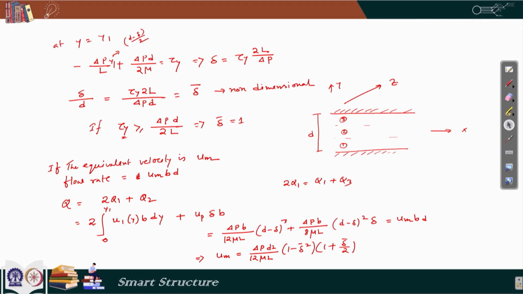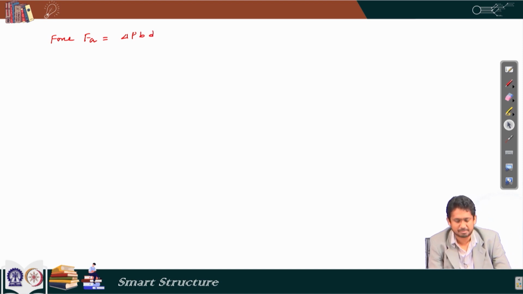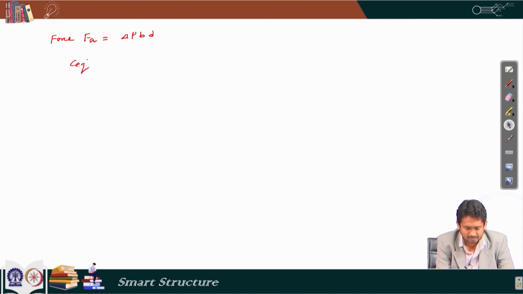Now that we have got the equivalent flow, we can find out the damping coefficient. So, the total force is delta P b d, pressure multiplied by the area, and here we are using the suffix A to denote that it is in active mode. So, it is under electric or mechanical field, and then if we divide this F A by the equivalent velocity u m, that gives me the corresponding damping.